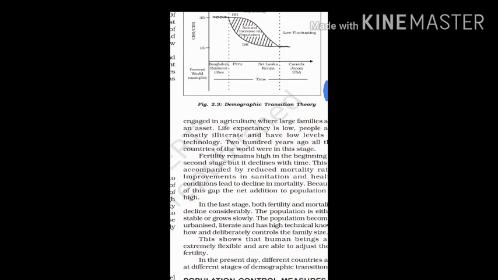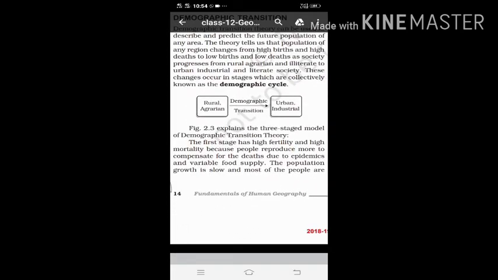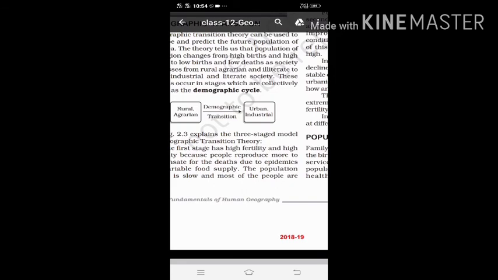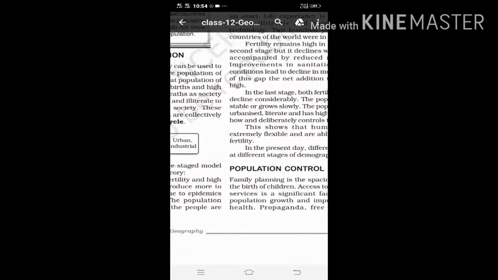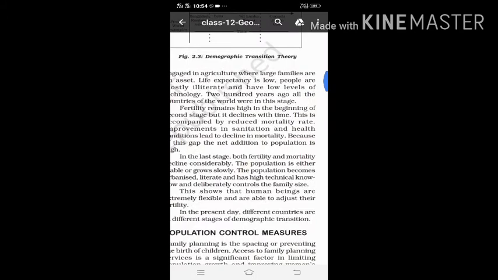So in the first stage, what happens? There is high fertility and high mortality, because people reproduce more to compensate for the death due to epidemics. And at that time, most of the population were engaged in agriculture. So this is the first stage.